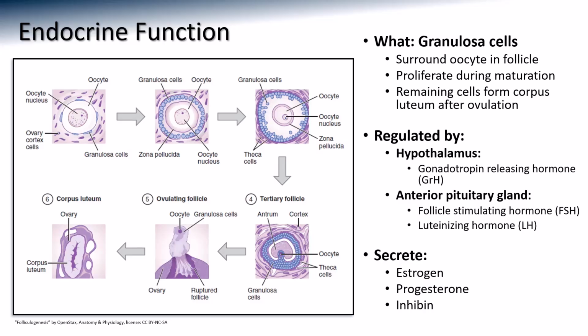All right, the endocrine function of these granulosa cells is regulated by the hypothalamus and anterior pituitary, and again, gonadotropin releasing hormone, and then follicle stimulating hormone and luteinizing hormone will act directly on the granulosa cells, and they tell them to do things like secrete estrogen, progesterone, and inhibin.